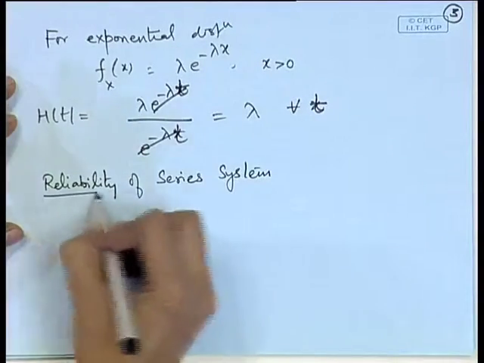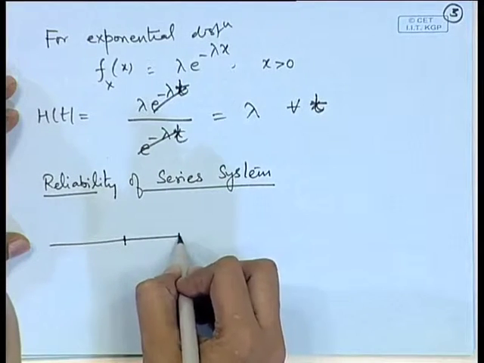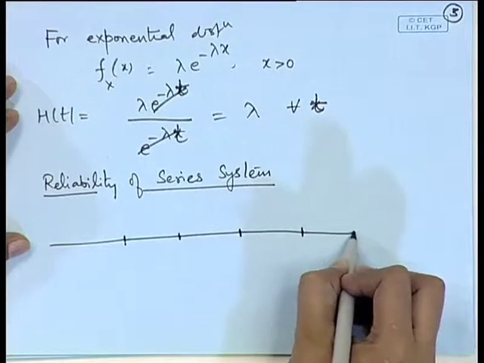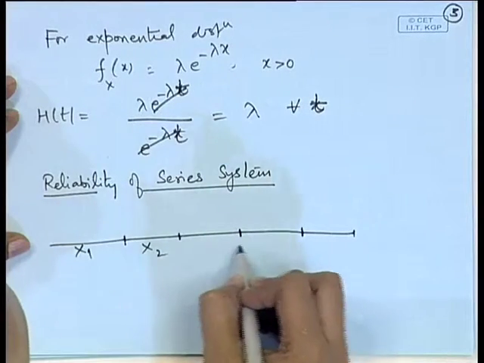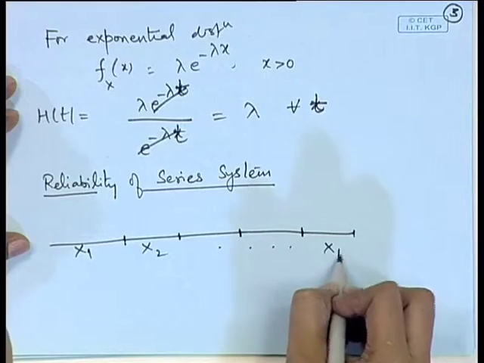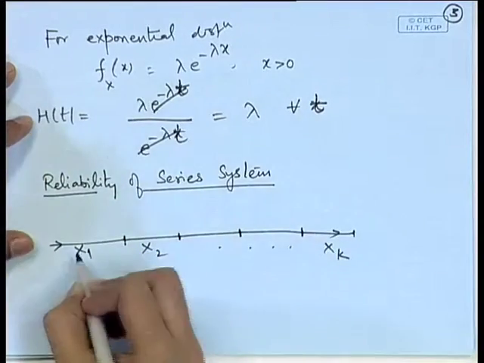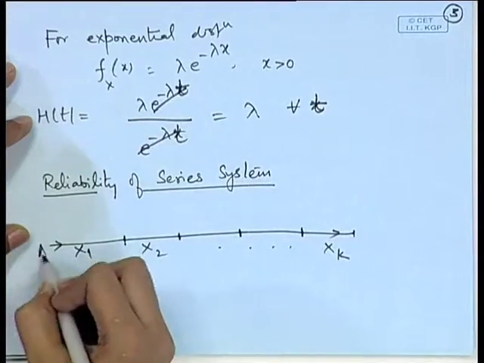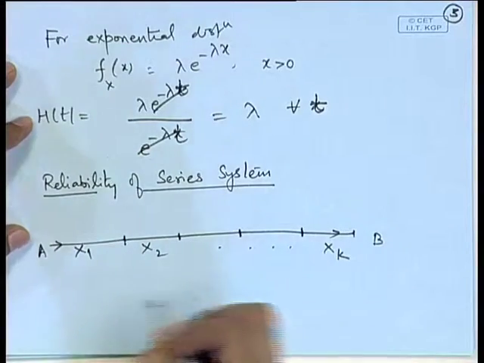Let us consider the reliability of a series system. So, suppose we have k components with lives x 1, x 2, x k, and they are connected in series. That means the entire system will work if and only if all the components are working.